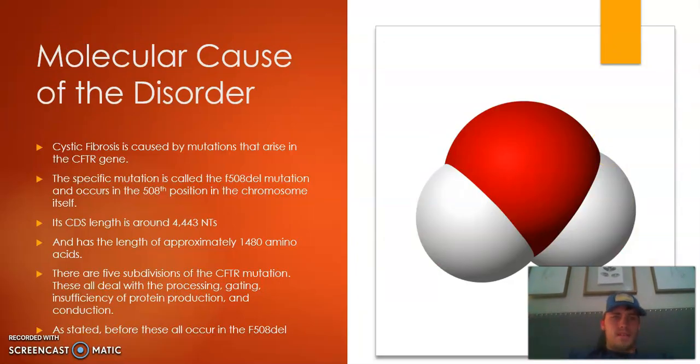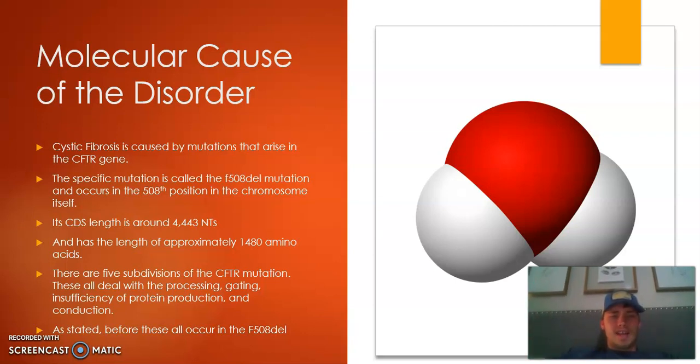Molecular cause of the disorder. Cystic fibrosis is caused by mutations that arise in the CFTR gene. The specific mutation is called the F508del mutation and occurs at the 508th position in the chromosome itself.